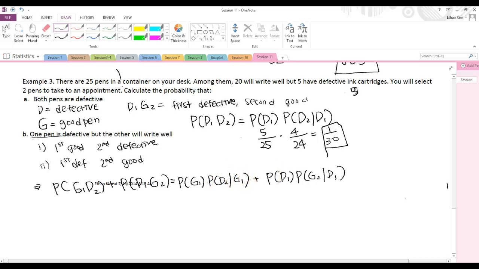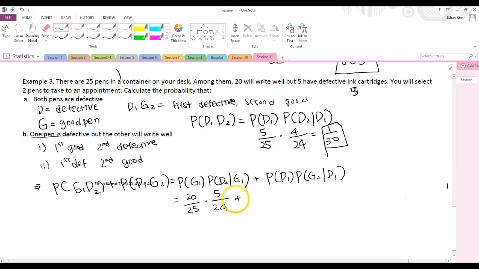These are two separate probabilities. Probability of G1: there are 20 good ones out of 25, times, if we selected the good one on the first trial, we're going to have 24 left. And how many defective ones are left? Well, there are 5 of them, so this is the probability.